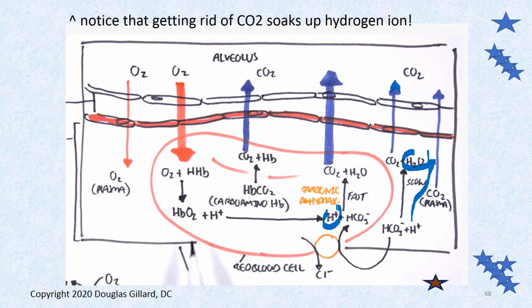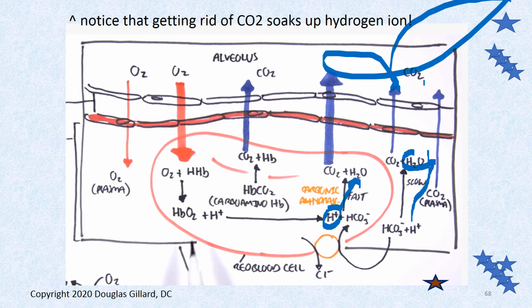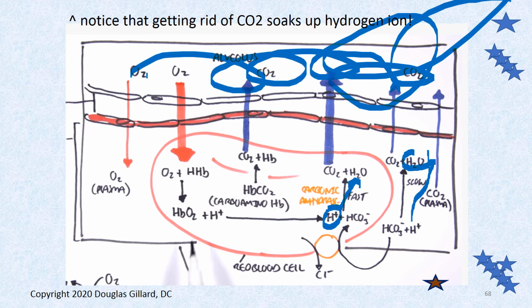So again, we're getting rid of the acid by converting it into water. If this is all clogged up with scar tissue and mucus, this process can't happen. The CO2 in particular can't come out. If you can't make CO2, there's nothing to soak up the hydrogen ion, so hydrogen ion builds up in your blood, and that's respiratory acidosis. In a nutshell. Go review your physiology. Who did teach you that? Was that Dr. Doe?